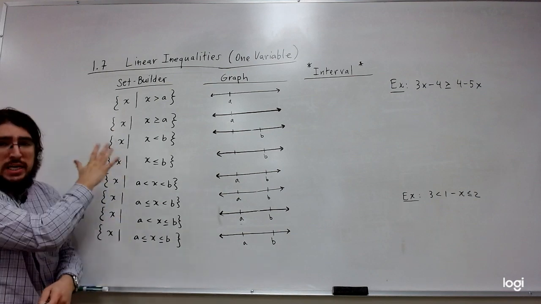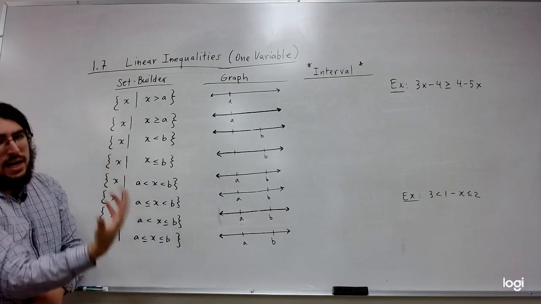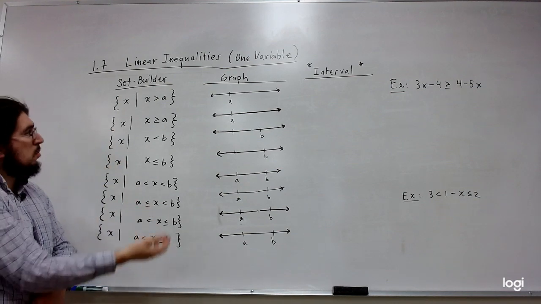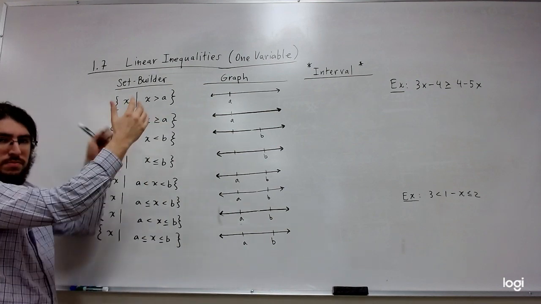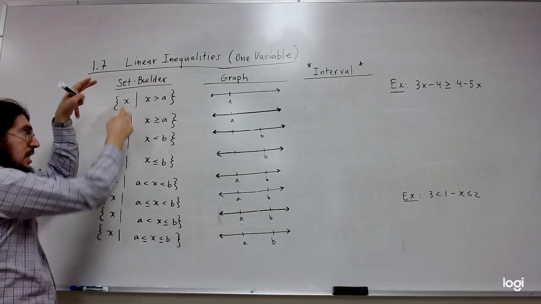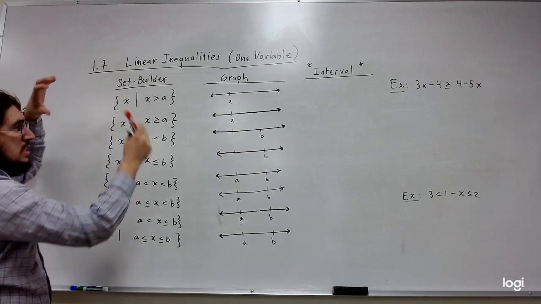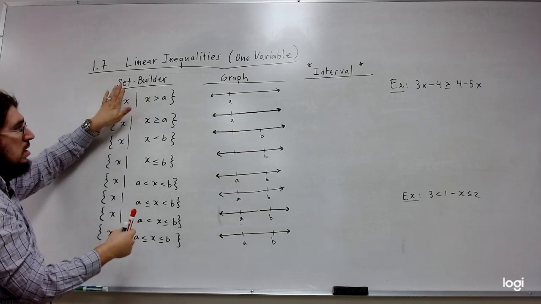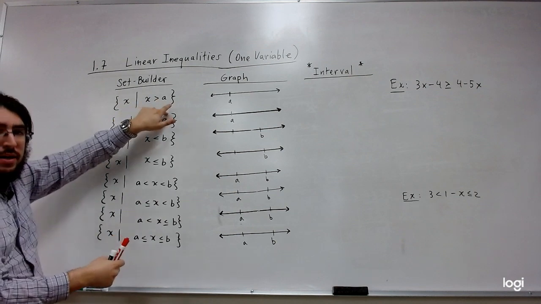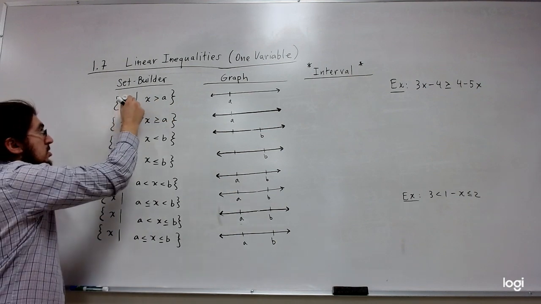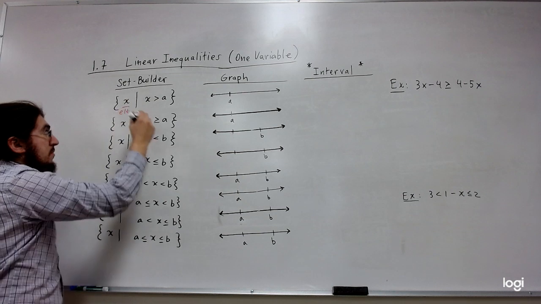So set builder notation is fairly straightforward. It's kind of like what we got for the previous examples, only we have these decorations. We have the braces and an X in front of this bar. What this means is this is the set of all X values such that X is bigger than A. So here this describes an element. I'm going to write ELT for element.